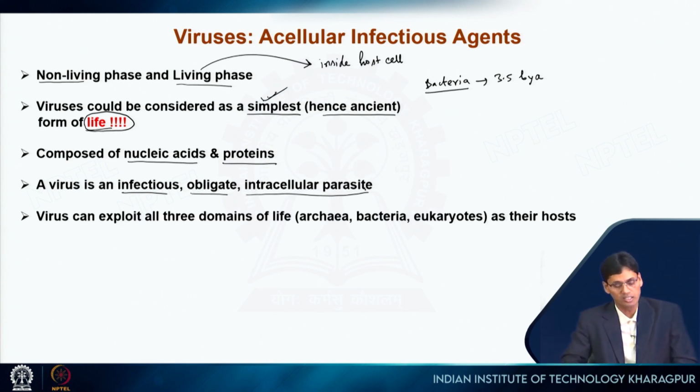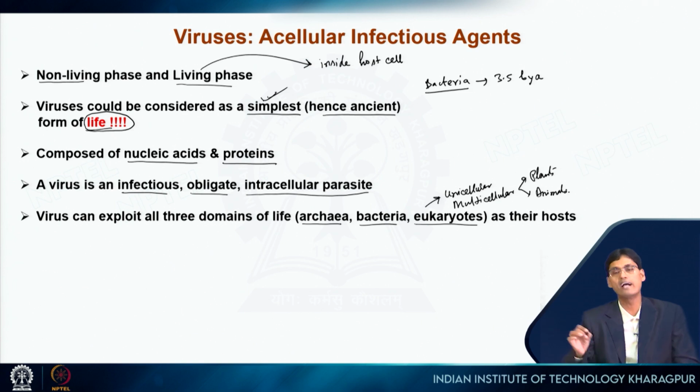Another important property is that viruses can exploit all three domains of life. These are the three domains of life: archaea, bacteria and eukaryotes. In eukaryotes you can put unicellular eukaryotes, and then multicellular, and here you can put plants, animals, including humans, everything.